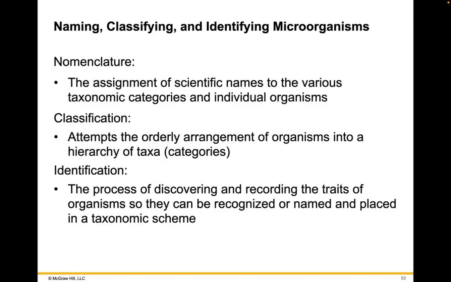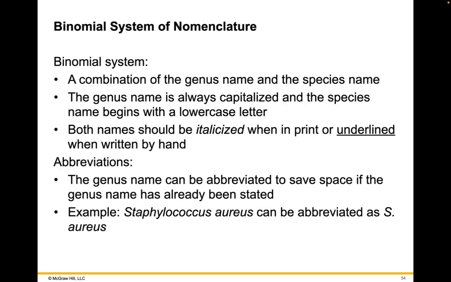And this classification is difficult because, like I said, as technology improves, we learn more about the organism. We find out these organisms are actually more different than we thought, so they don't need to go in the same category. And the process of discovering and recording traits of an organism so they can be recognized or named and placed in a category is identification.